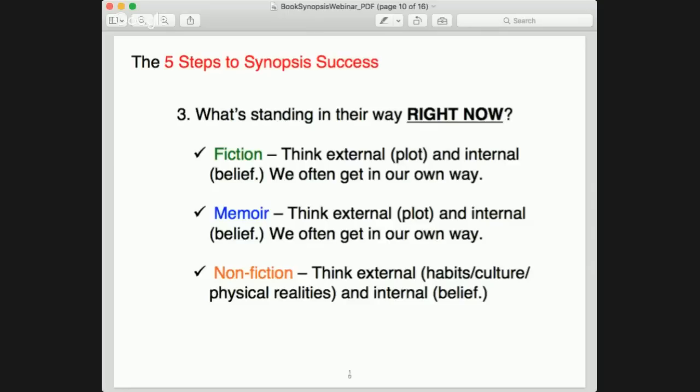And she wanted to be queen because she wanted to prove something to her dad. I'm making this all up on the fly. But you can see that having a deeper level why about why we should care about the dinosaurs stomping out the village, that's the reason we're going to care about the story. So you've got to have that internal belief system that's standing in the person's way as well.